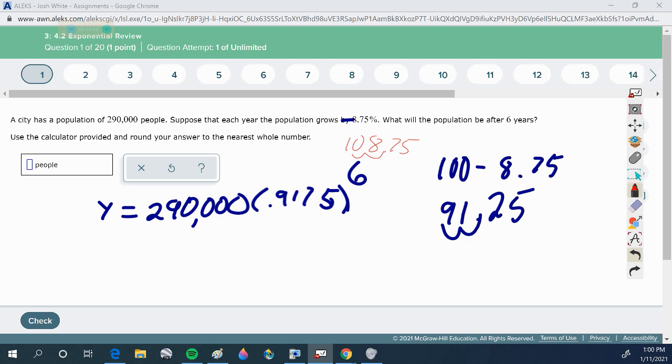So if you're going up, your rate is 100% plus the interest rate. If you're going down, your rate is 100% minus the interest rate.